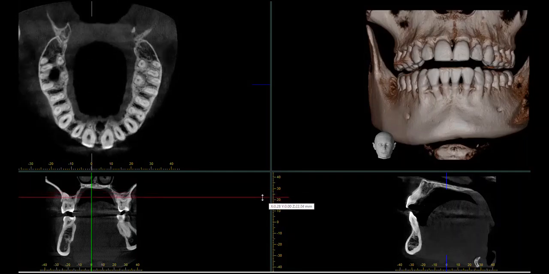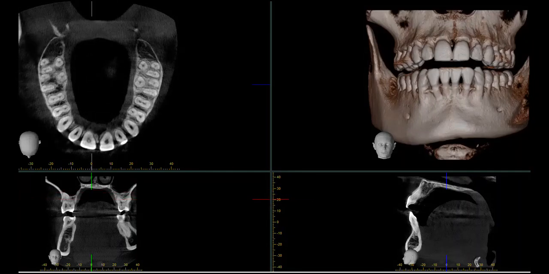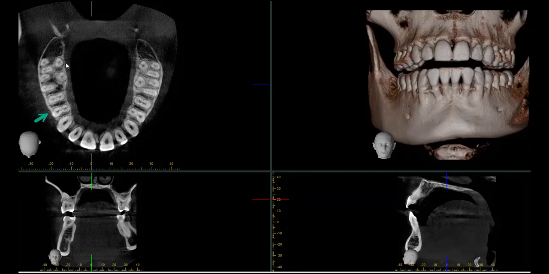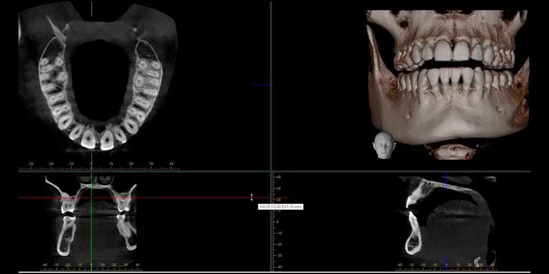If you look at the maxillary first premolar, you can see that the roots diverge as they extend apically.